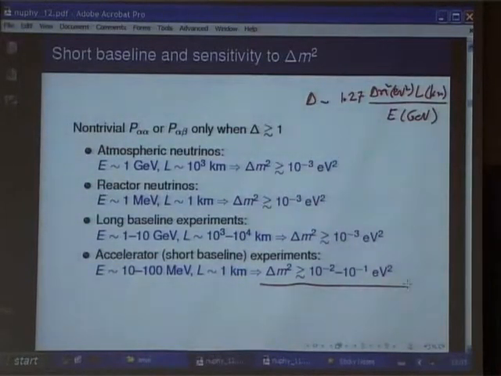With the knowledge that we have now, we expect that nothing will be seen because it is not sensitive to solar delta n square, it is not sensitive to atmospheric delta n square. We know it now, but we did not know it 15 or 30 years ago. Therefore, we tried all such combinations to see what it is.